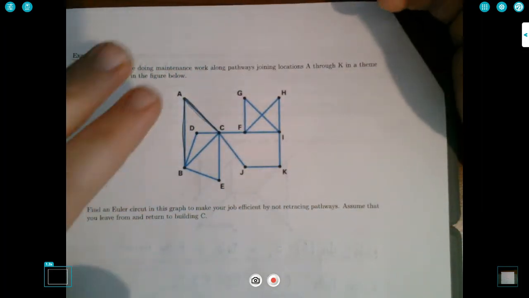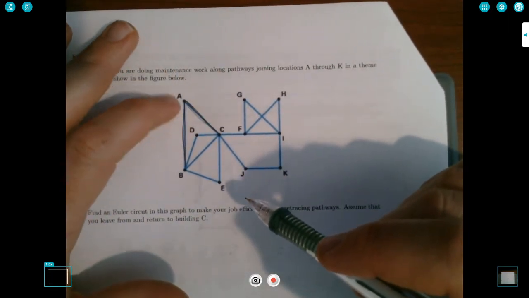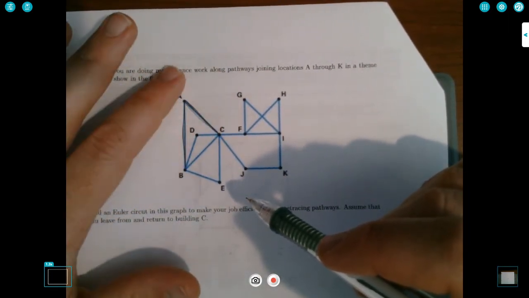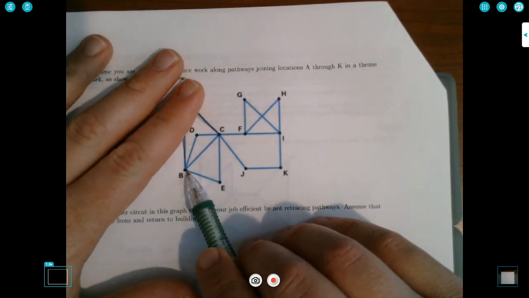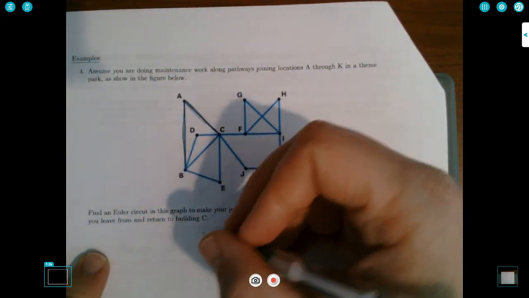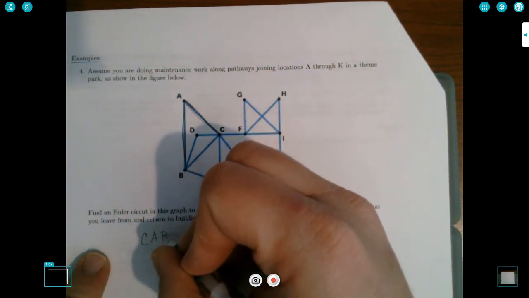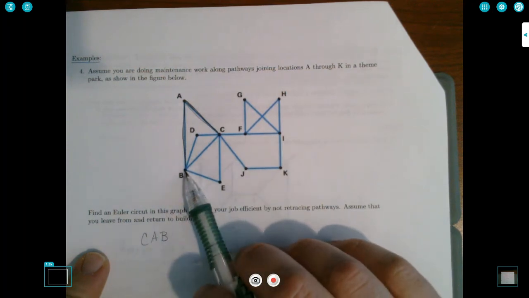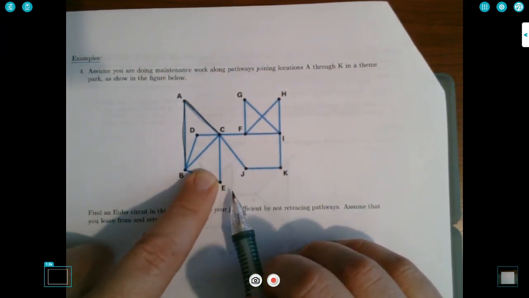Okay, and I'm going to pretend that those things don't exist anymore, right? So vertex A doesn't exist, and neither do these two edges that I've shaded in. So now I get to B, and I can take any course that I want as long as I don't cross a bridge. And by the way, I might want to write down my Euler circuit. So I started at C, and then I went to A, and then I went to B. So now at B, I could go this way, right? If I remove that, I don't have a disconnected graph.